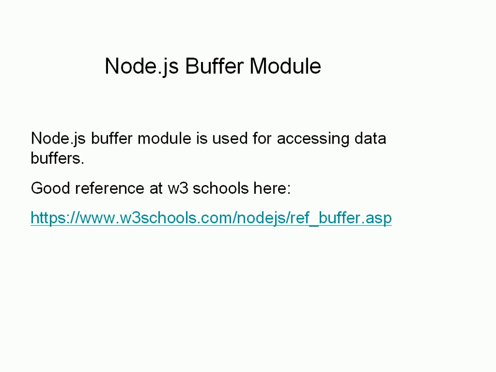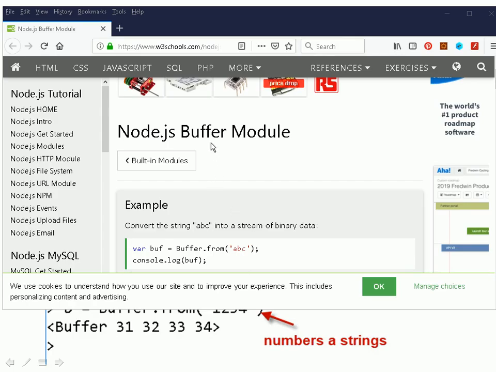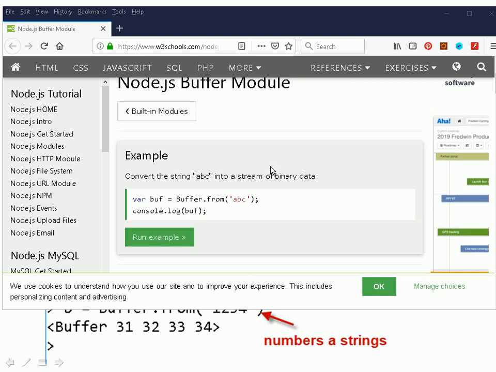And you'll find a good reference to this module on the W3 Schools page, and here's the URL. This is the W3 Schools website, and this is the Node.js buffer module. This is a very good guide to the buffer module, and I'll be using it throughout the video. As I say, I'd recommend you go to this URL and take a look at it.